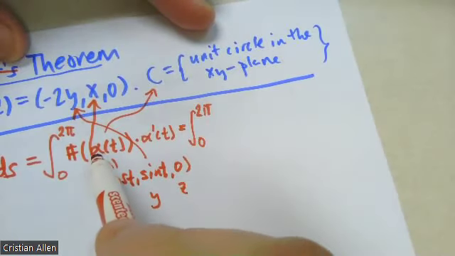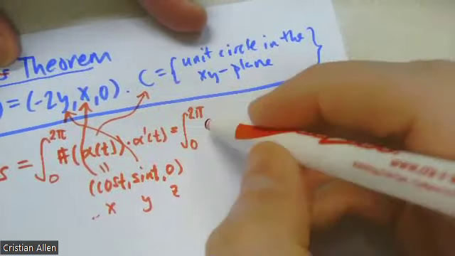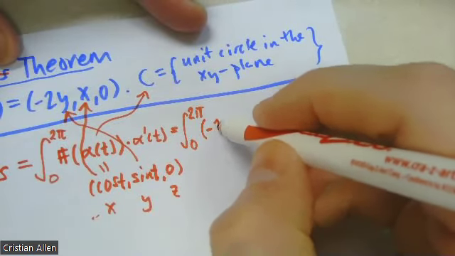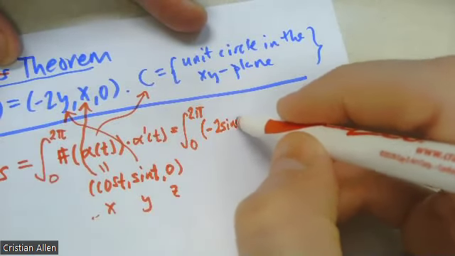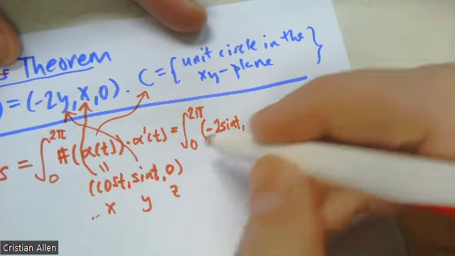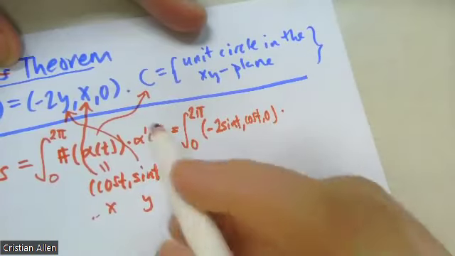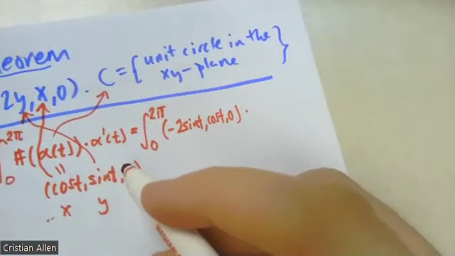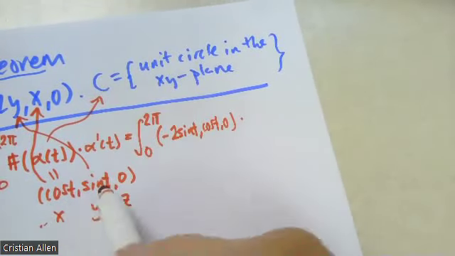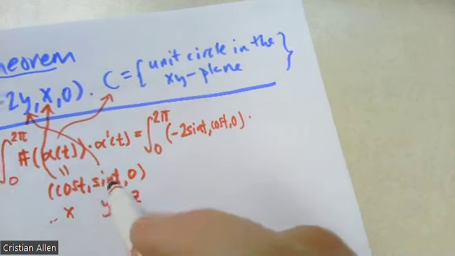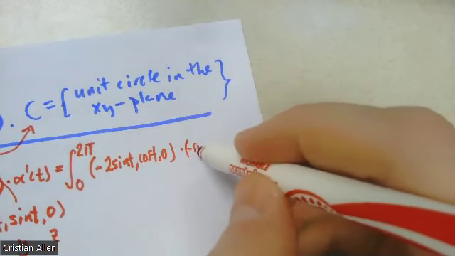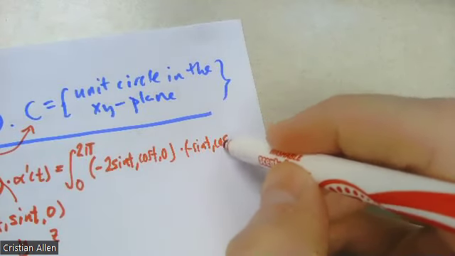So plugging alpha into f is going to look a little bit like this. The x is cosine. And that's going to be dot producted with the derivative of alpha, so dot product with negative sine t, cosine t, 0.